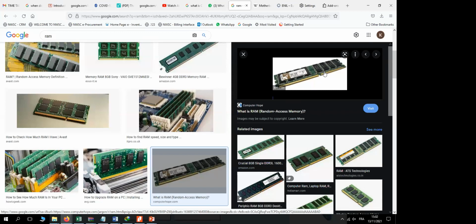Why temporary? Because information in RAM is stored temporarily as long as there is constant power supply. After shutting down your computer, anything in RAM is totally lost because it doesn't store permanently. It only stores what is being worked out by the computer at that particular point in time.